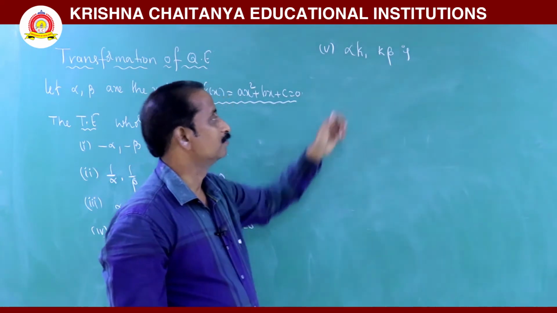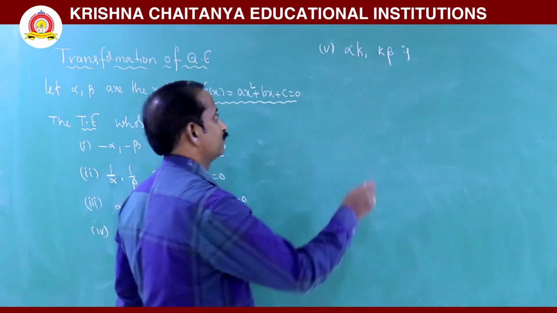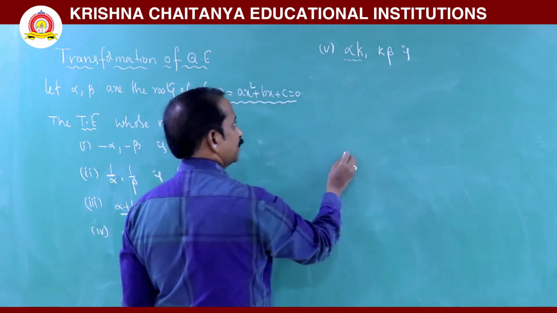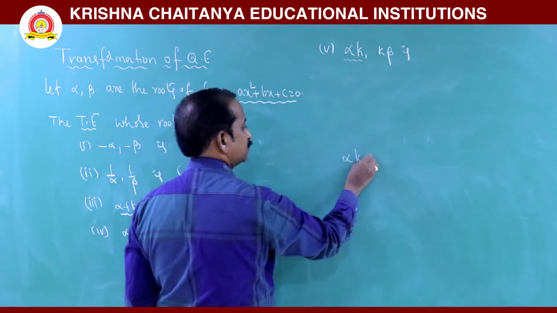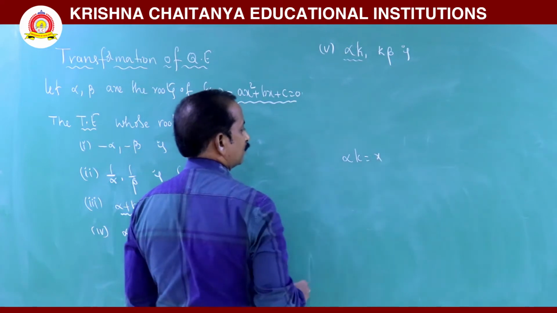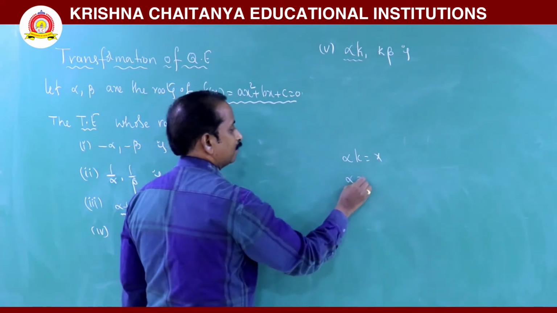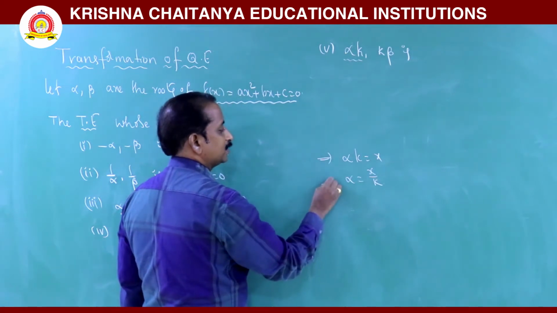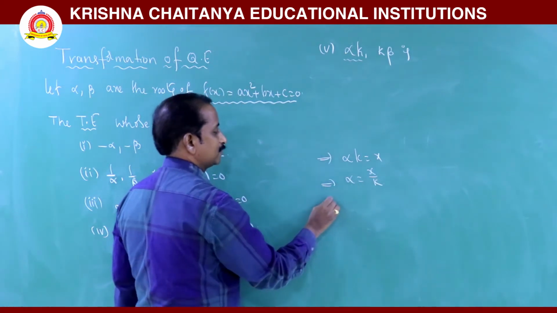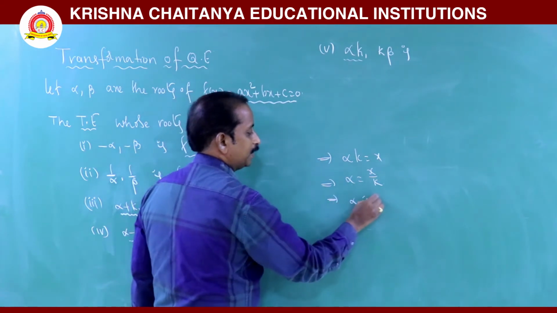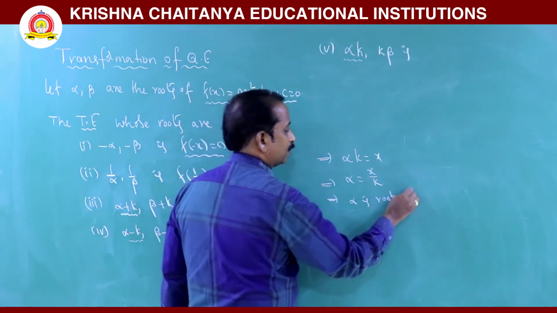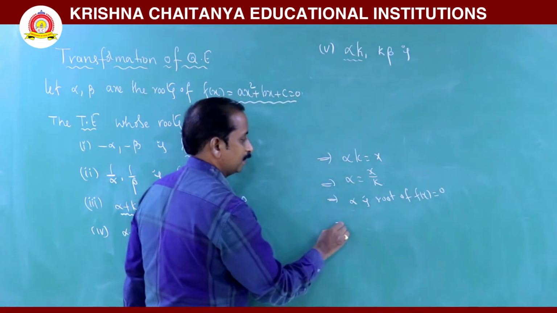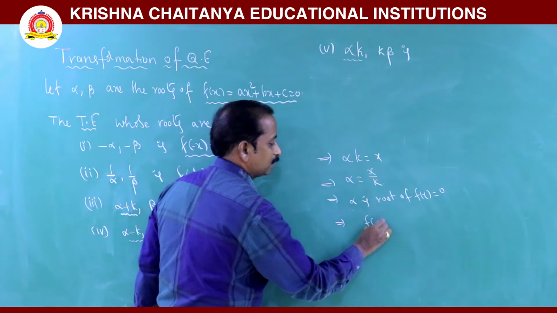Now we move to the solution or proof of that. Let us consider one of the roots to be x. Alpha into k is equal to x. From this, I can write alpha is equal to x by k. But alpha is a root of f of x is equal to 0, meaning it satisfies the polynomial, so f of alpha is equal to 0.